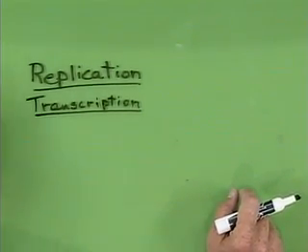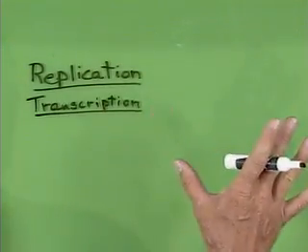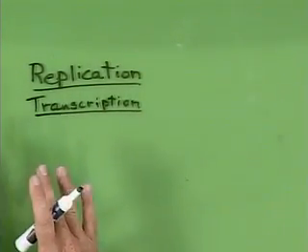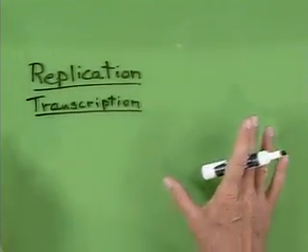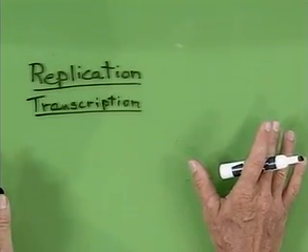It's using DNA as a pattern to form RNA. So basically, the DNA is used as a pattern to form ribonucleic acid. And of course, since ribonucleic acid is a single-stranded molecule and DNA is a double-stranded molecule, what has to happen is the double strands have to unwind or split apart from each other, and only one of those 2 strands is used as the pattern to form RNA.